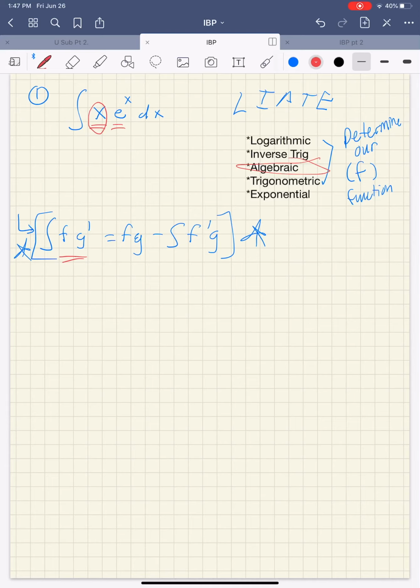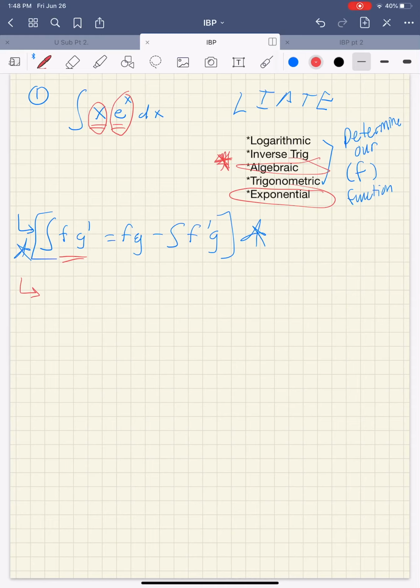And then we have e to the x, which is just exponential. The one that came first was our algebraic function. So because this one came first, that means that has to be our f. And we'll approach this the same way every single time.